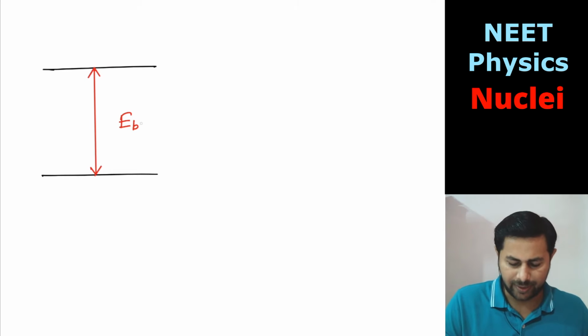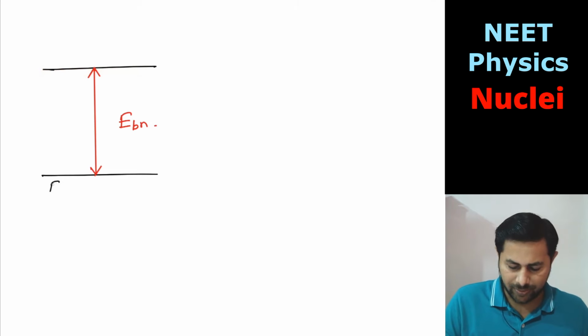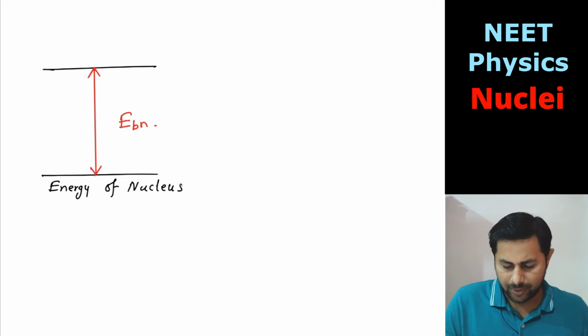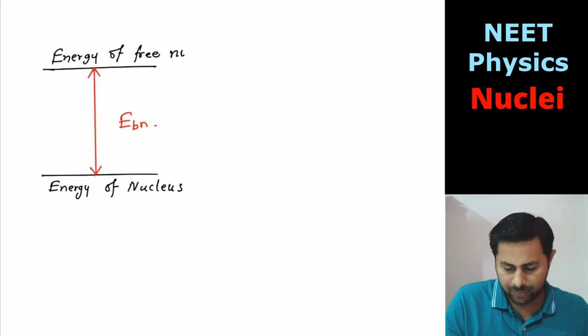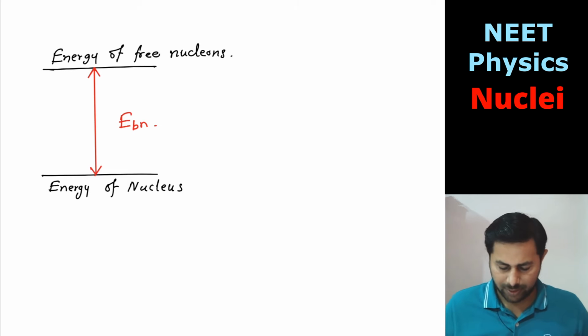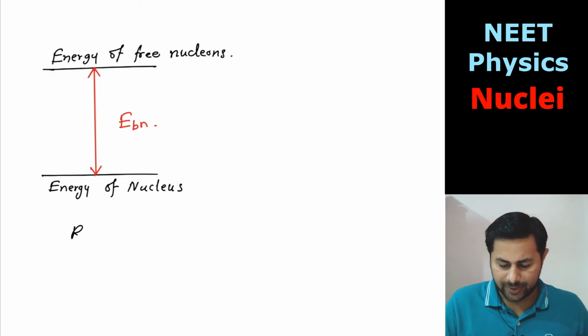This is EBN. This is the energy of the nucleus, and this is the energy of free nucleons. Energy of a nucleus means total mass of the nucleus converted with c squared. It's less compared to the energy of free nucleons. So this is EBN for reactants.